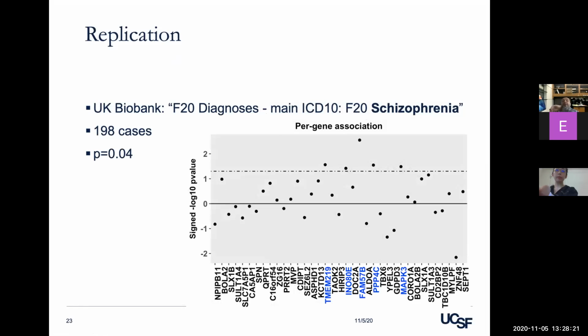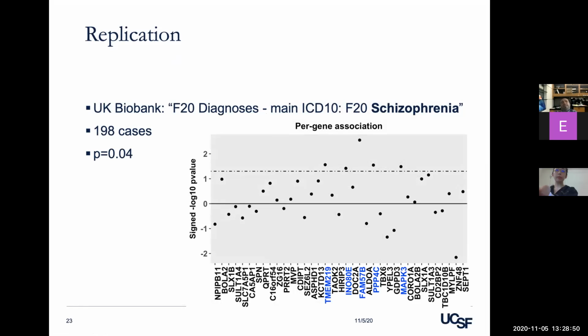We also did a replication analysis. We took an independent data set from the UK Biobank, which is a resource of several hundred thousand people in the UK who have been genotyped and phenotyped. It's not a huge number of people in this biobank who have schizophrenia, about 200, which I think is still about the population prevalence.